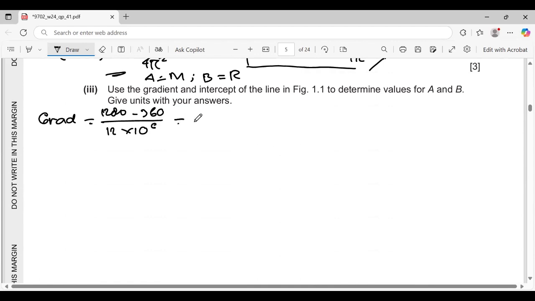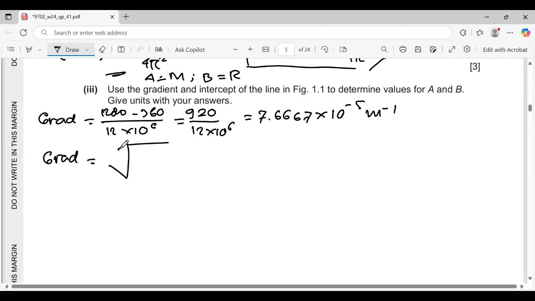It becomes 920 over 12 times 10 power 6. And if you calculate, the result is 7.6667 times 10 power minus 5 per meter.